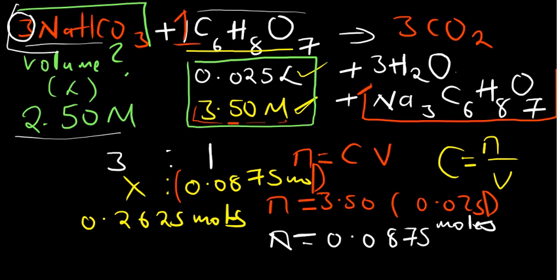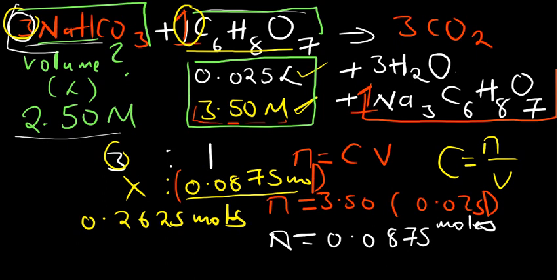So you say 1 to 1, then put the number of moles under the actual reactant or product. In this case, we're interested in sodium hydrogen carbonate and the citric acid. These are in the ratio of 3 to 1, with 1 representing the citric acid, for which we've determined the number of moles. So I've put the number of moles under the 1 there. Then we cross multiply using the same mole ratios to find the number of moles of the sodium hydrogen carbonate required.